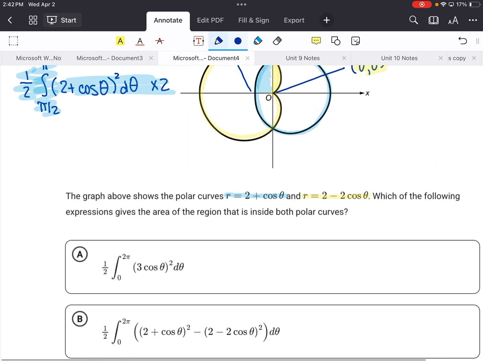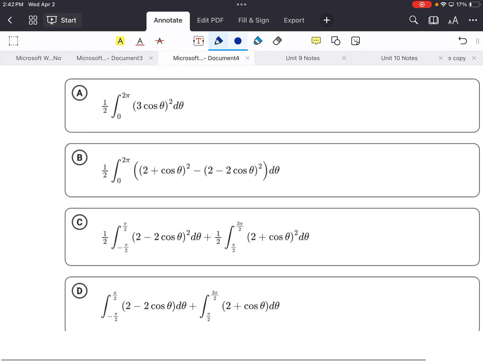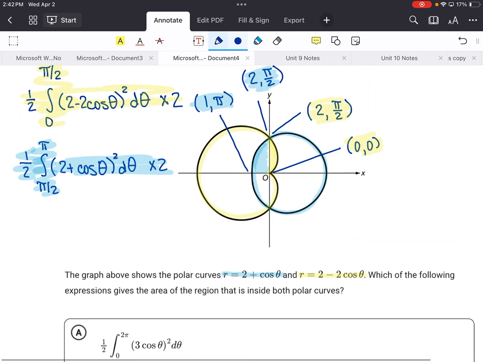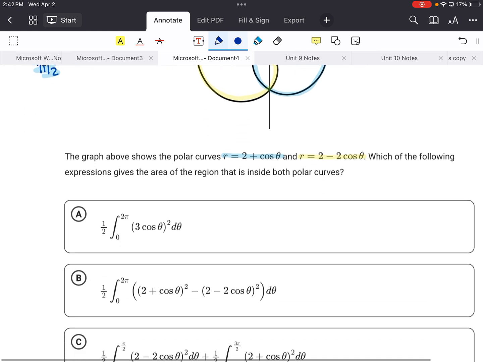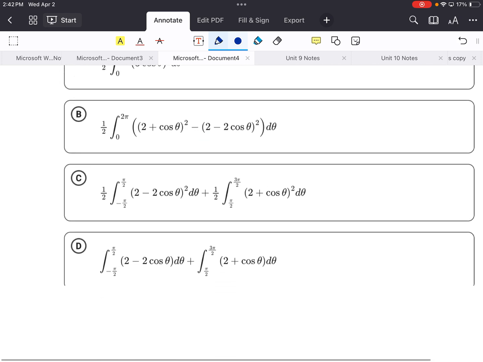So when I start looking at the answer choices, though, which one looks right? Well, one of them goes, let's see, I need to add these together, first of all, so I don't need any subtraction. I'm not subtracting them, I'm combining them. So that one's out. Which ones look right?